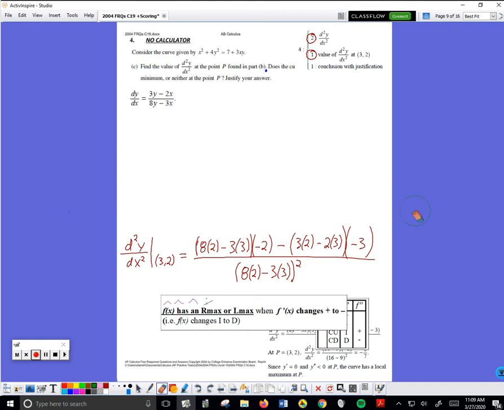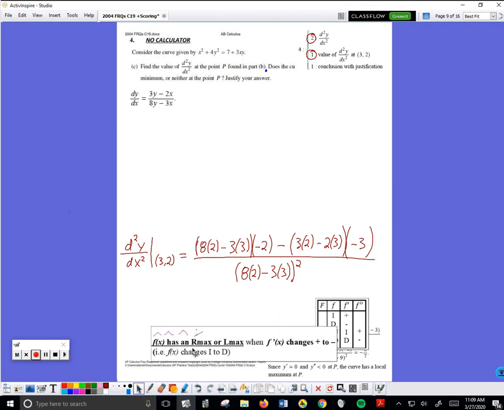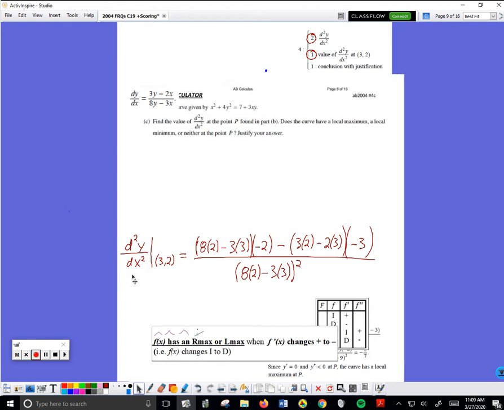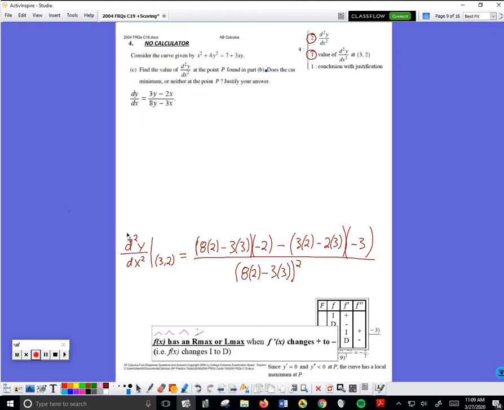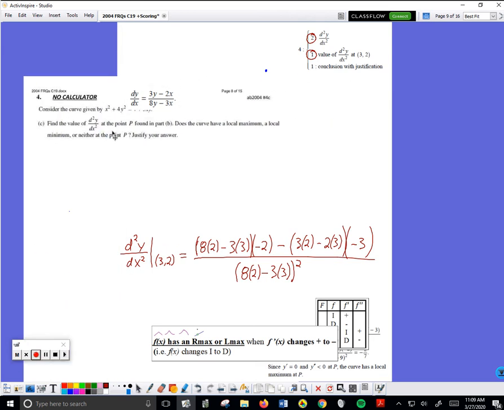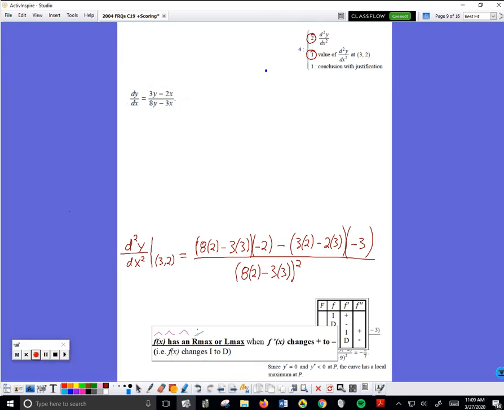So to get this third point, you should have just stopped here. But if you happen to have kept going, this is tricky. I don't want to do that either.